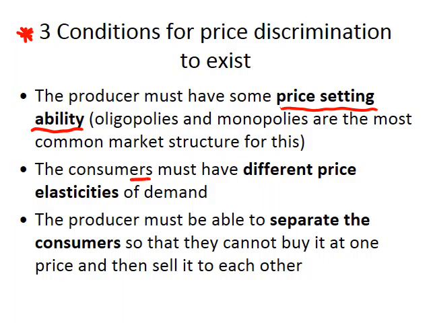Secondly, the consumers have to have different price elasticities of demand. We touched on this a little bit when we were looking initially at price elasticity of demand, we looked at cinemas and airline travel, and we saw that the companies could maximize revenue by charging different prices depending on the elasticity of demand.